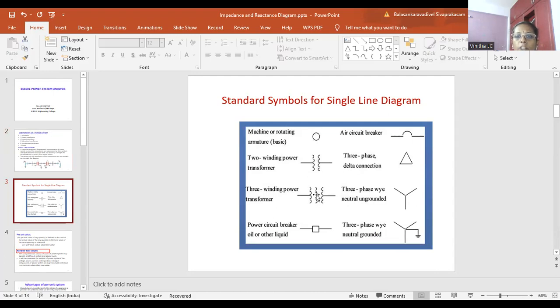And this is the representation of a three-winding power transformer. And this is power circuit breaker. And then this is air circuit breaker. This is the representation of three-phase delta connection, three-phase star connection, and the last one is star connection with neutral grounded. So these are all the symbols that are used to draw the single line diagram.